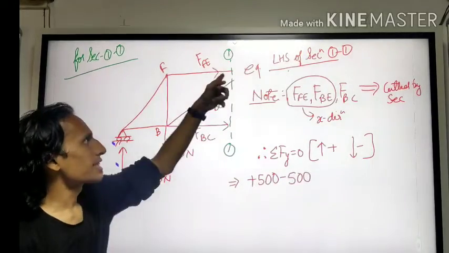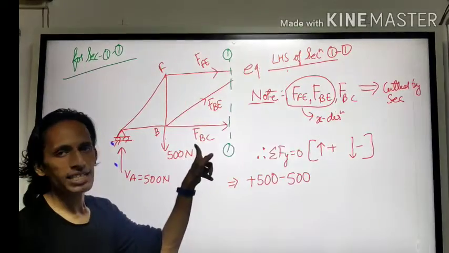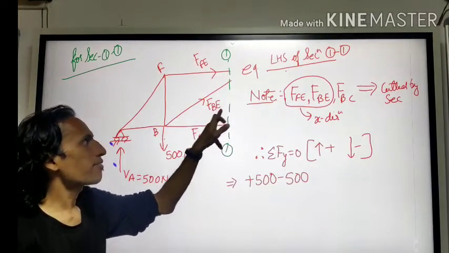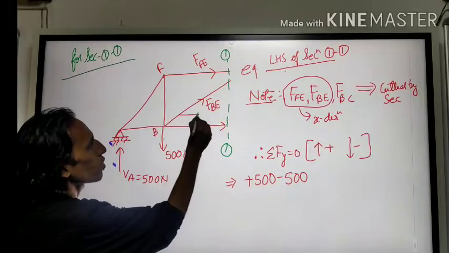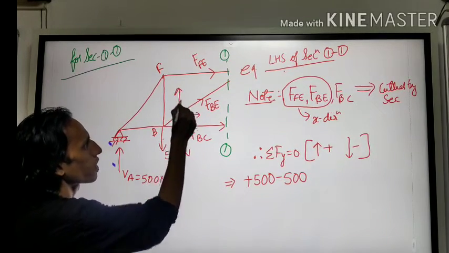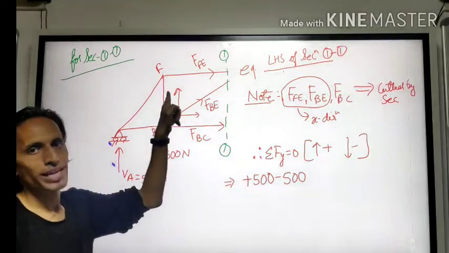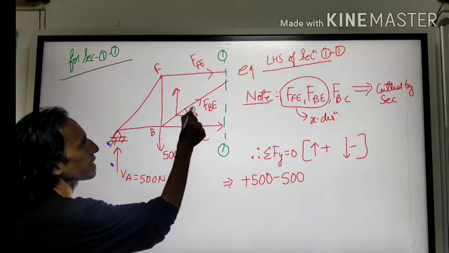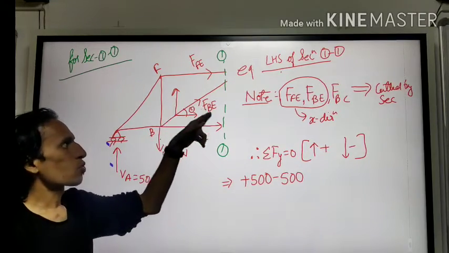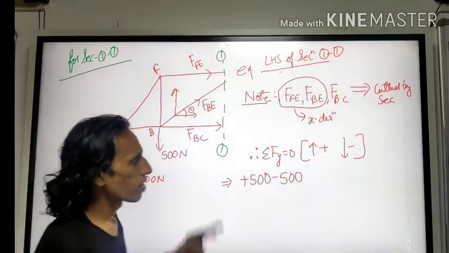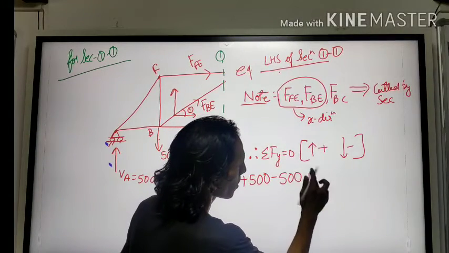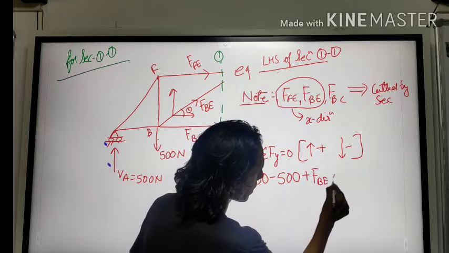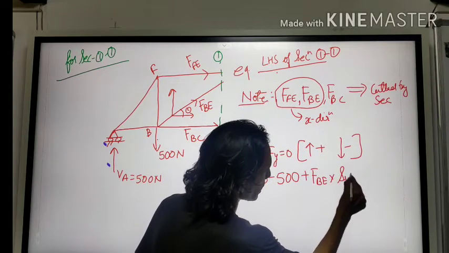What else is there? These three forces, out of which two are in x direction, ignore them. What force is left? FBE. Its component will be in the upward direction. Let us say this is some angle theta. The vertical component will be positive FBE into sine theta.